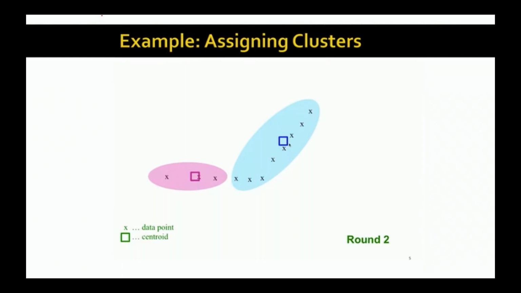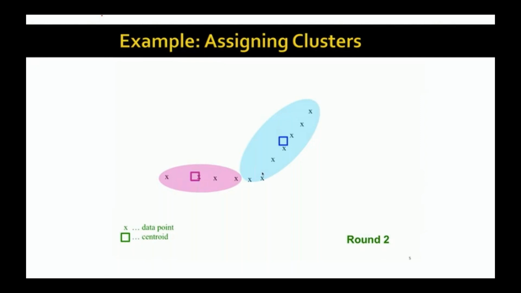Now, because I have new centroids, I'm going to go through in round 2, I'm going to go through each data point again and assign it to its closest centroid. And when I do that, observe that point, for example, this point here is now closer to the pink cluster than it is to the blue cluster, and so it moves from the blue cluster to the pink cluster. Okay. And so we have this new clustering at the end of round 2.